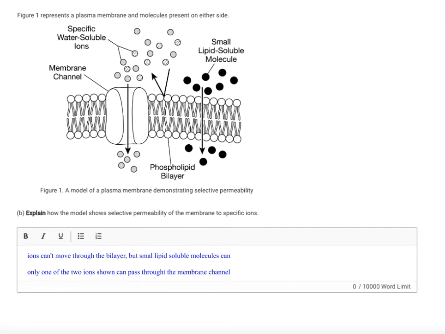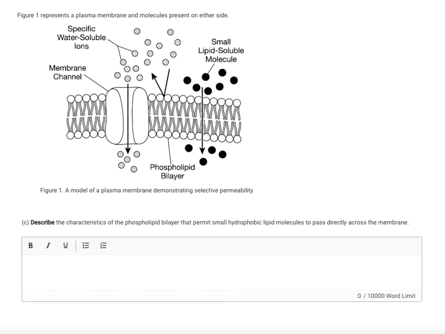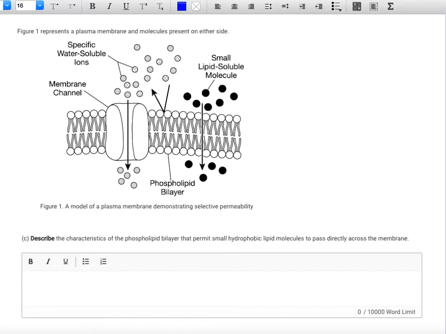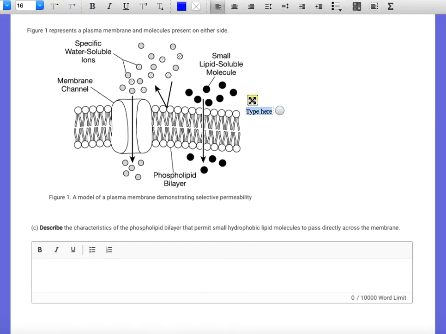That feeds into part C of the question: describe the characteristics of the phospholipid bilayer that permit small hydrophobic lipid molecules to pass directly across the membrane. This goes back to Unit 1, where the progress check had a question about phospholipids as well.